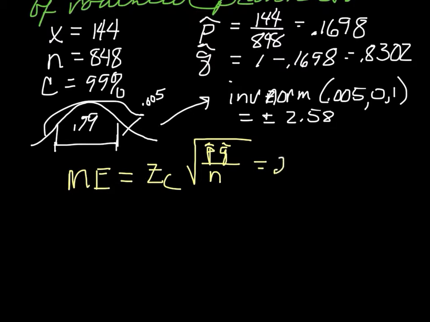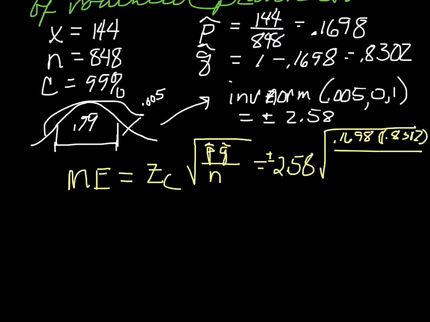So in our case, it's plus or minus 2.58 times the square root of 0.1698 times 0.8302, in parentheses, divided by 848.